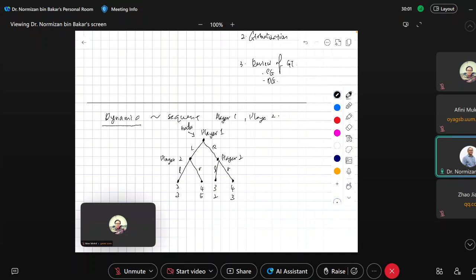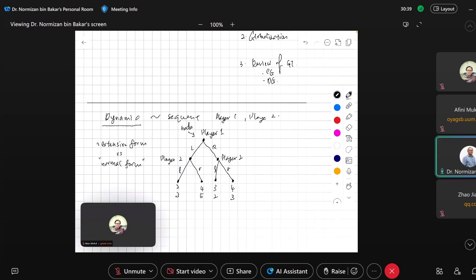So this is the way we describe the dynamic game, or we call it the extensive form, versus the normal form that we have seen before for the continuous game.